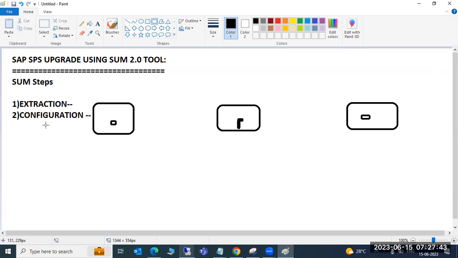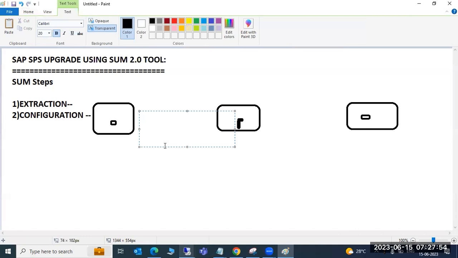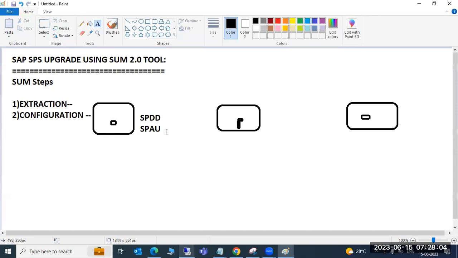Transports means the developers record the changes, the SPDD and SPAU changes. The development team creates the SPDD and SPAU transports, during or after the upgrade, and shares them with the basis team to apply the same in the quality system.